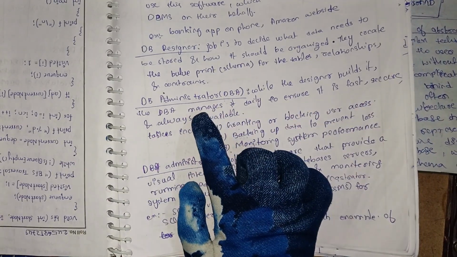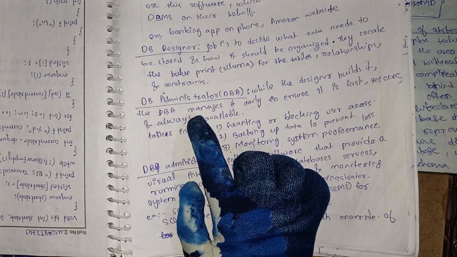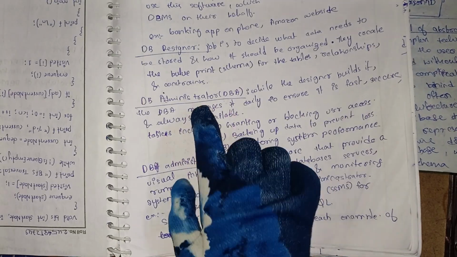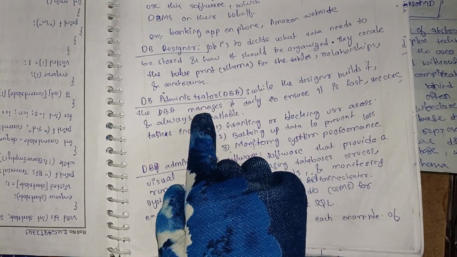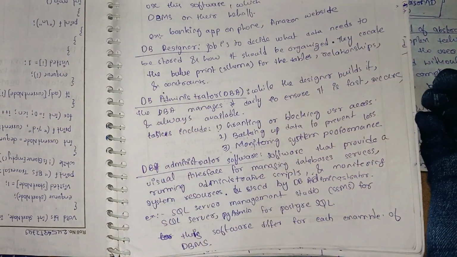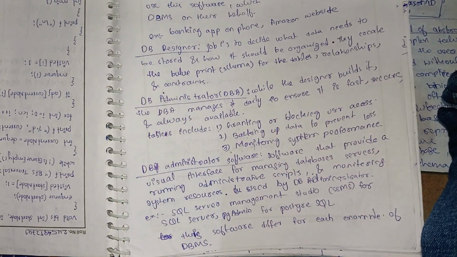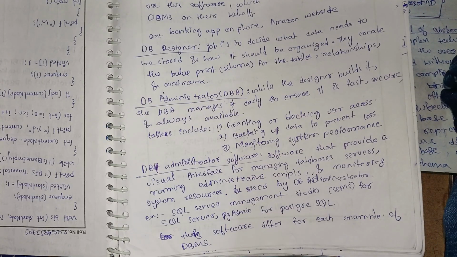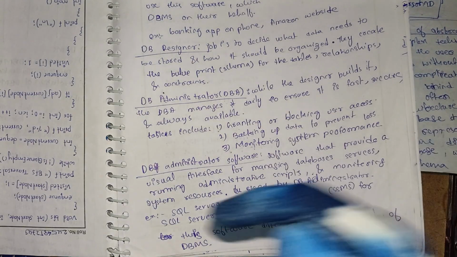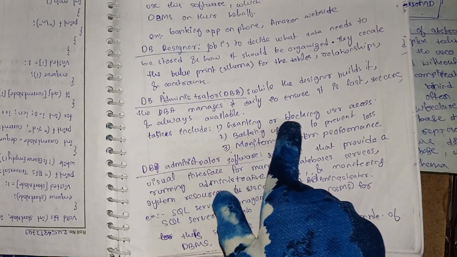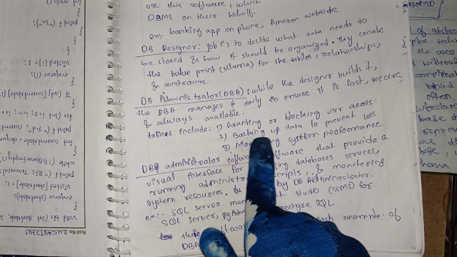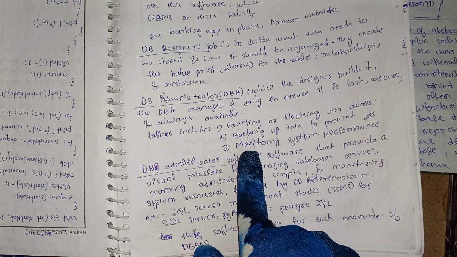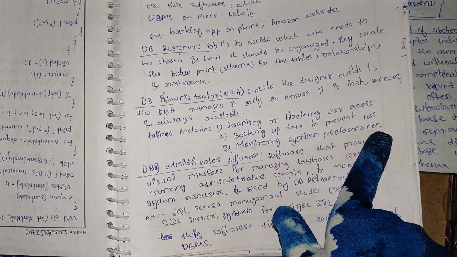So what does a database administrator do? It will take copies of a database daily, and modify it. The tasks include granting or blocking user access, backing up data to prevent loss, and monitoring system performance.